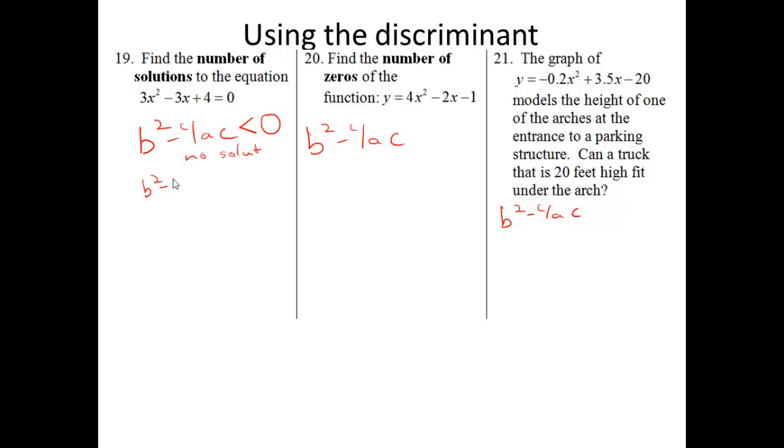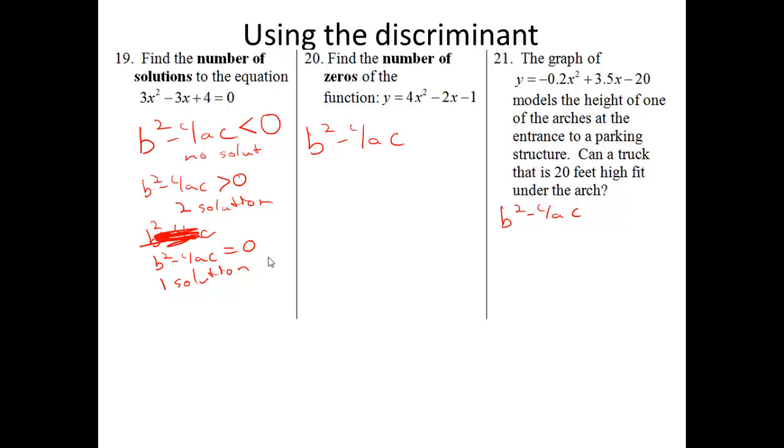When b squared minus 4ac is greater than 0, we have two solutions. And when b squared minus 4ac, let me rewrite that, is equal to 0, we have one solution.